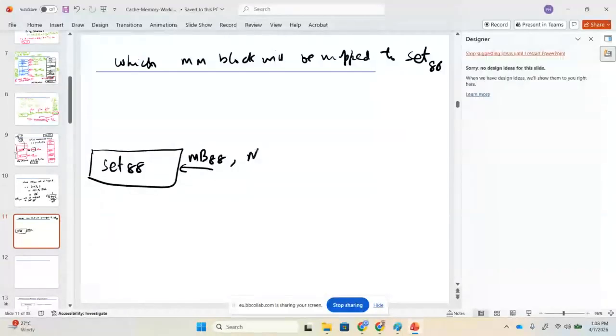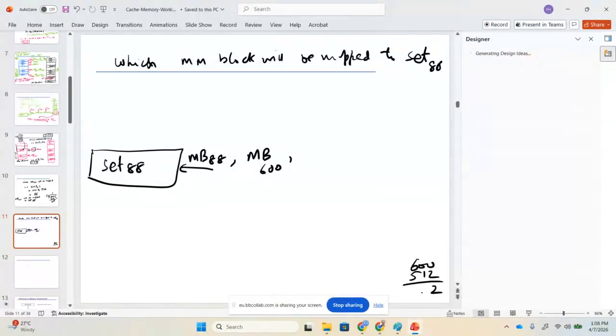What about MB what? Help me. 512 plus 88, this is 600. We calculated it. And then 600 plus 512, and so on, it is actually MB 1112 and so on. Got it or not got it?